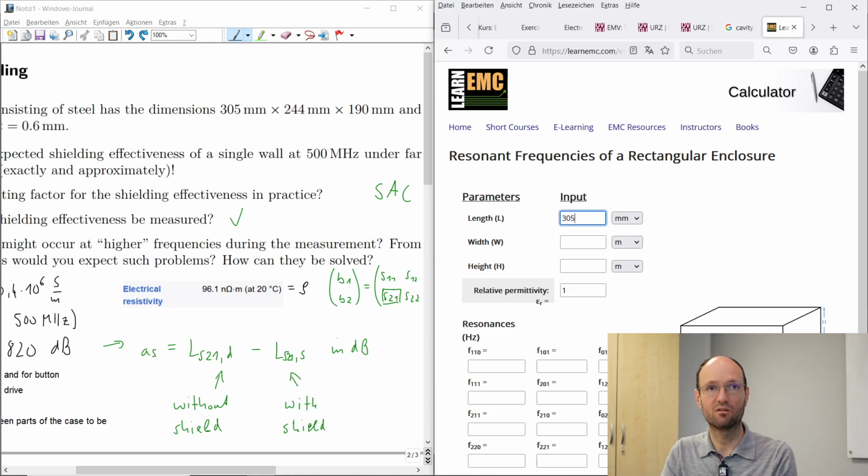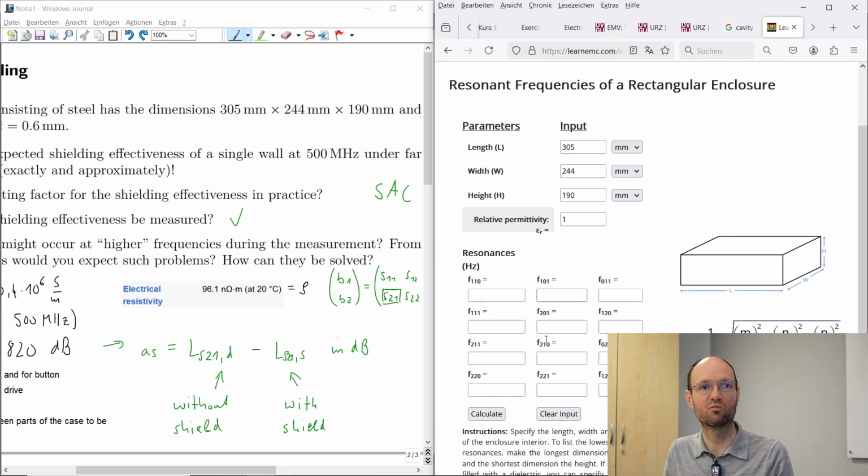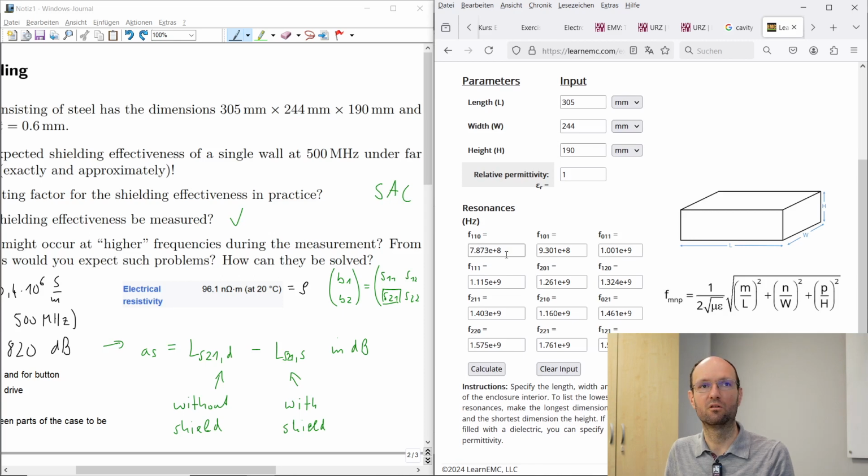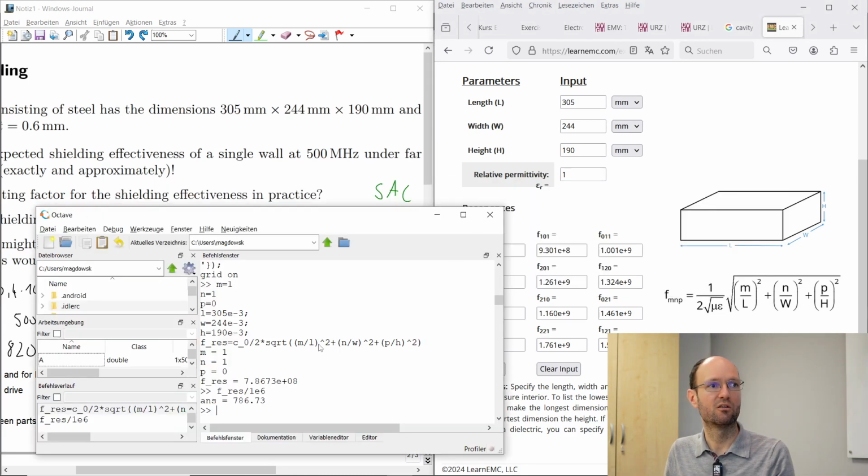So 305, 244, and 190 millimeter, and relative permittivity is 1 because we have air, and now we can calculate. It will also calculate the very same first resonant frequency for the 110 mode that we also just calculated here in Octave.